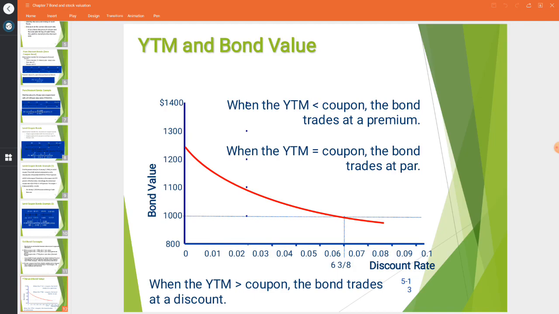But if YTM is less than the coupon, we could say that this bond trades at a premium. If YTM equals the coupon rate, in this case, we could say that this bond trades at par, and this is a very important rule, and you must be aware of it.